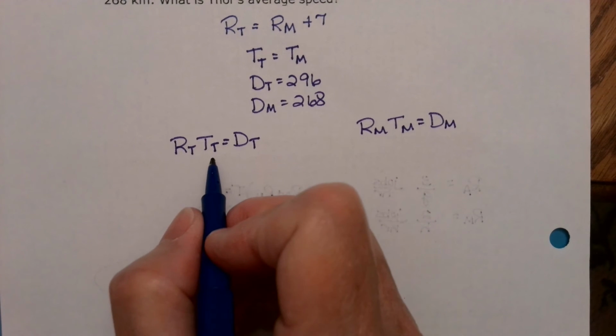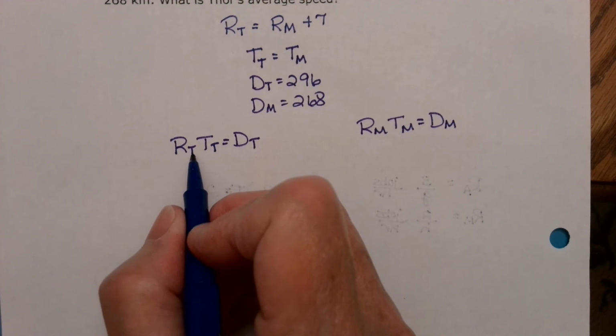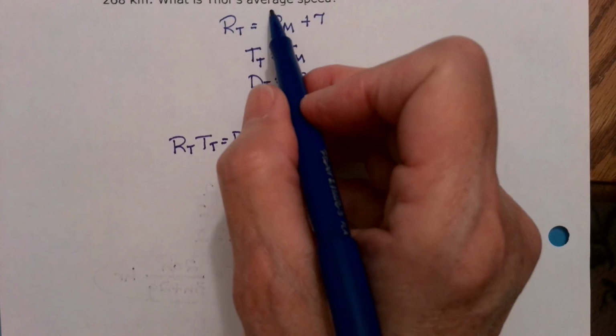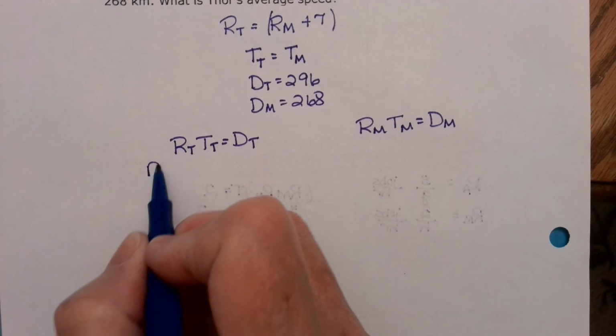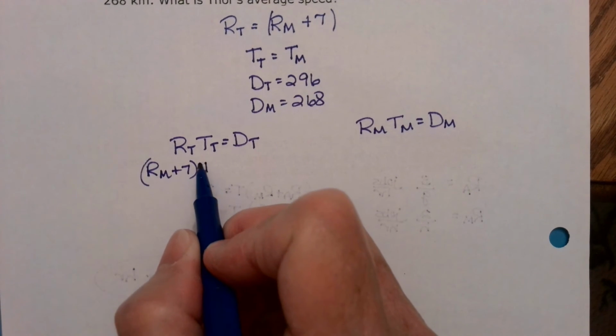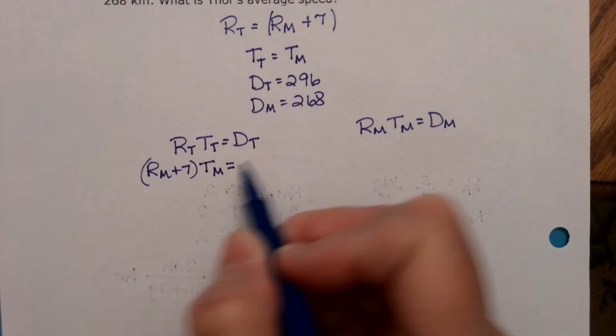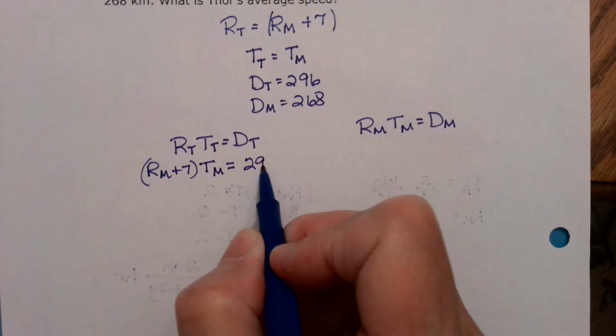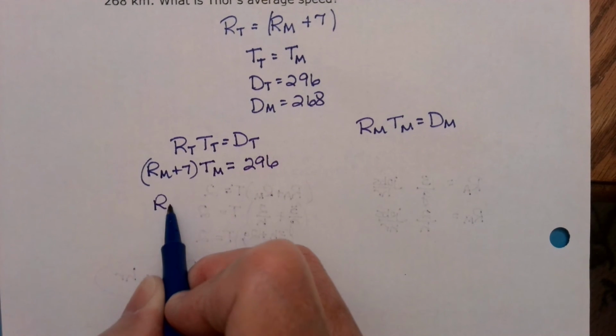So, what do we have here? We have this that I can substitute in right here. And then they're equal, so I can do that, and got 296. Do distributive property.